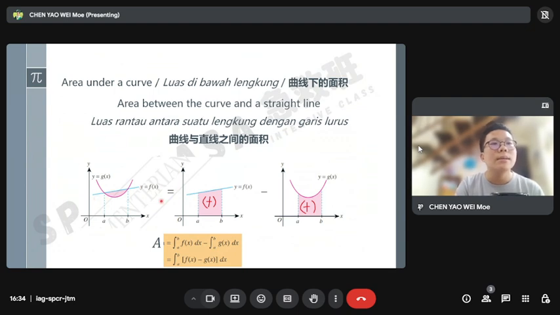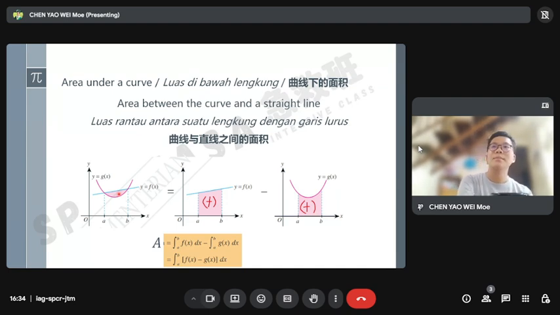Because here the line is here, I find the bigger one first, and then I minus the one below here, so that I can get the answer here. This is for the area under a curve.